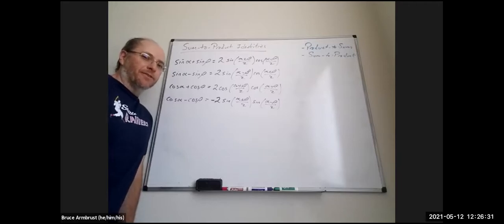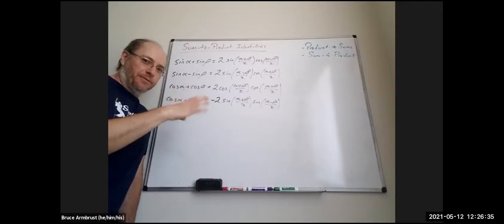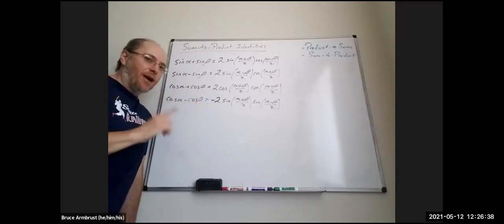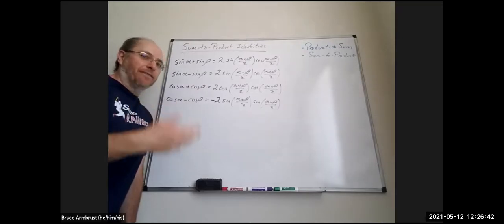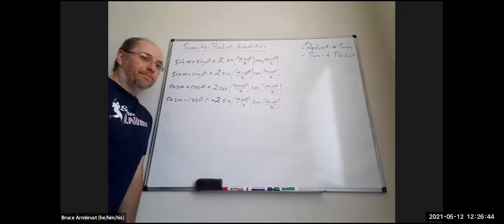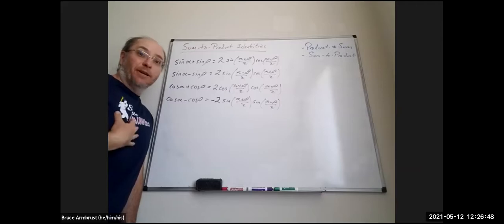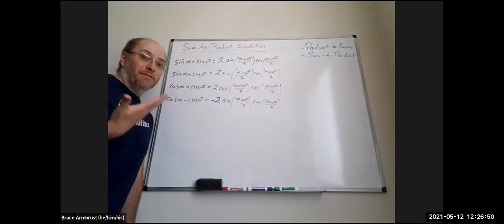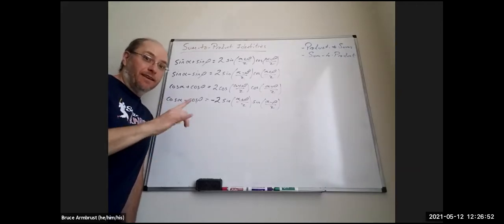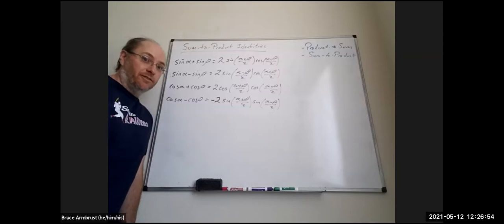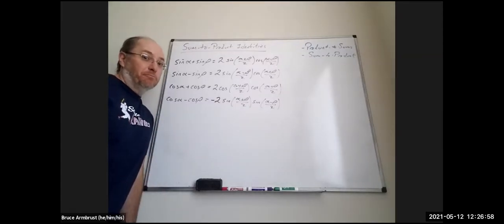Remember when we first started deriving the difference of angles for cosine, and I drew that little picture with the circles and we did the geometry? That one geometric fact led to like half of our identities, maybe even more than half, which I find pretty cool. Just one little fact about the lengths of a chord on a unit circle led to all of this stuff that ends up being really useful.